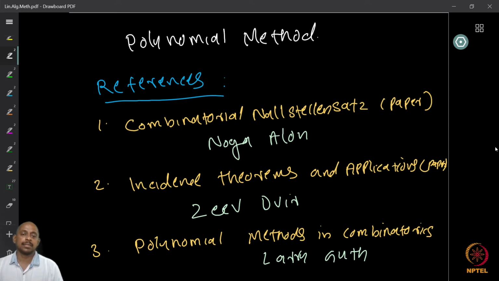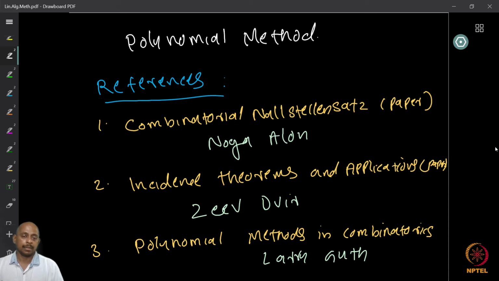The start of this is basically the Combinatorial Nullstellensatz from Noga Alon, and this paper is available from his website, and it lists a beautiful collection of applications of this method. And then the second is by Zeev Dvir, Incidence Theorems and Their Applications. I mean, it's not a book; it's a paper again. It's also available online.